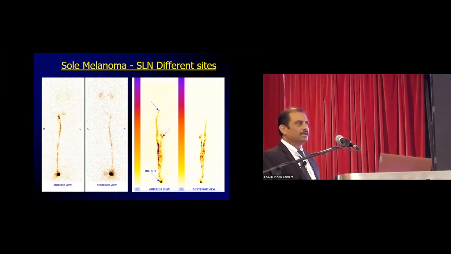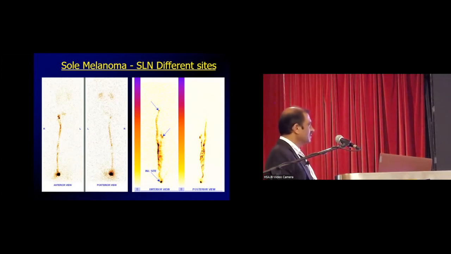When you do imaging for the lower limb, you have to take an 18 centimeter per minute scan speed, whole body. What I mean is the lower limb and the pelvis should be covered. So what is the relevance of that?